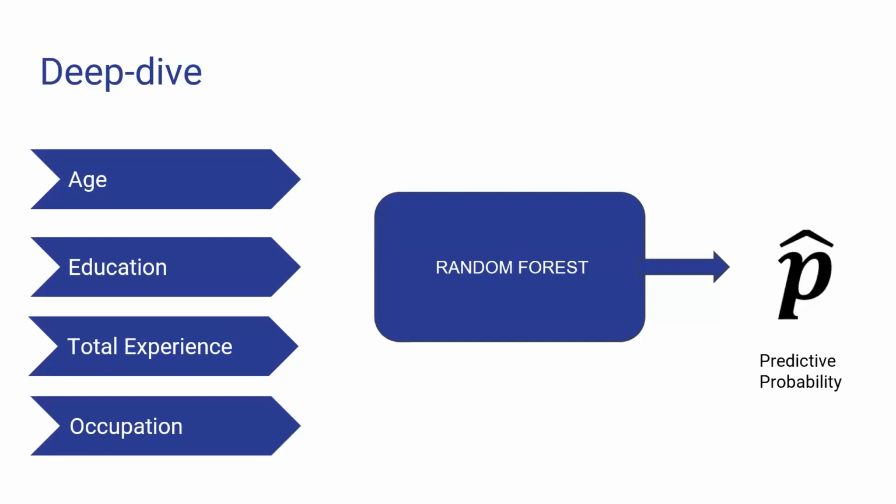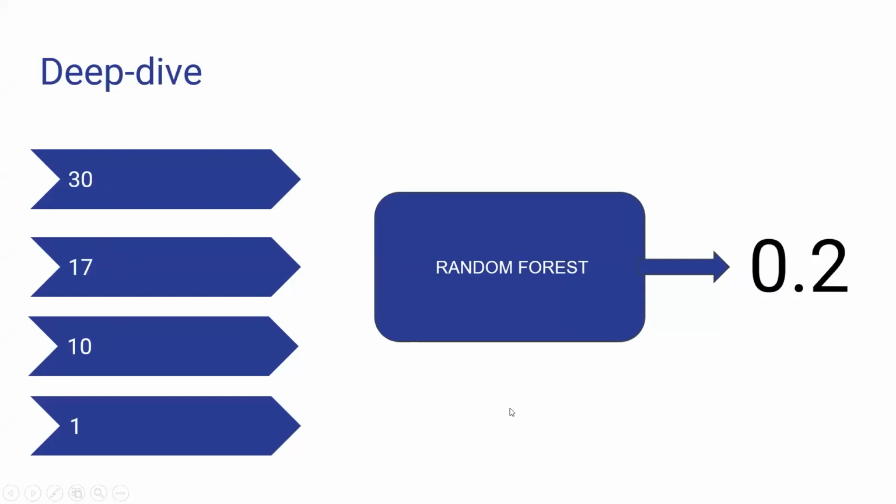Some of these are categorical features, as you might have noticed. Given these categorical features, we convert them to numeric, and we get a probabilistic value of 0.2.